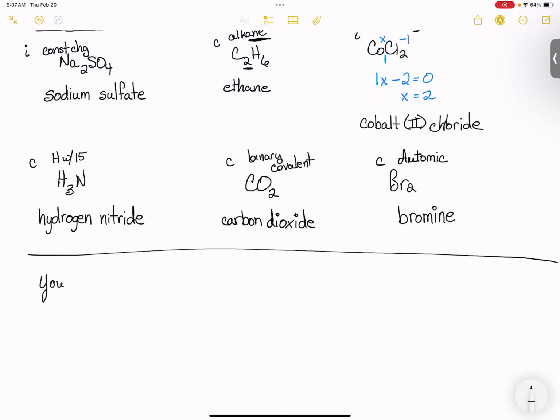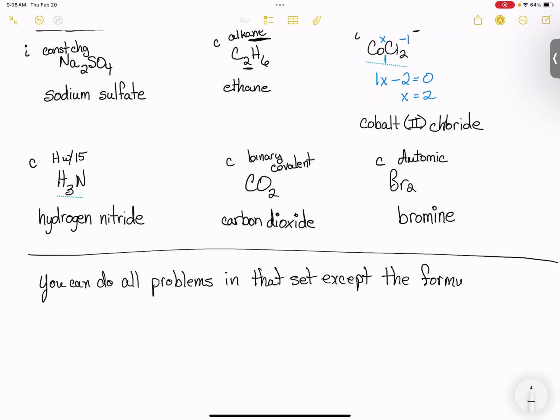You can do all problems in that set except the ones that end with the formulas that end in AQ and the names that end with acid.